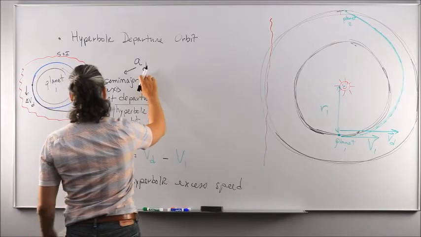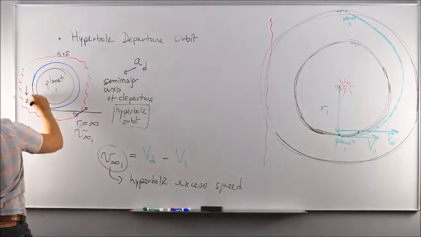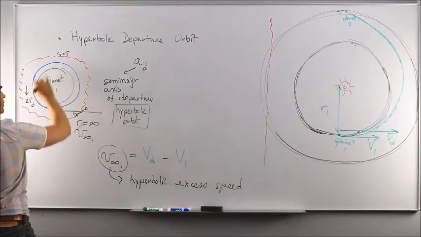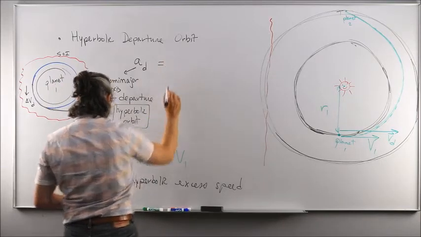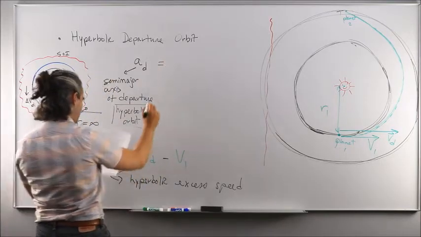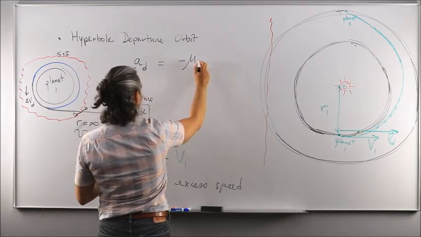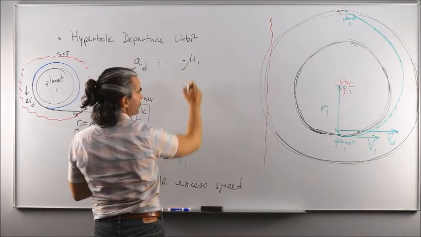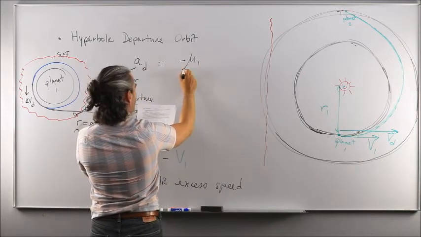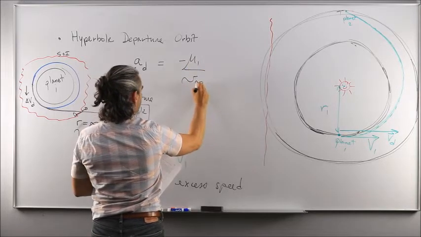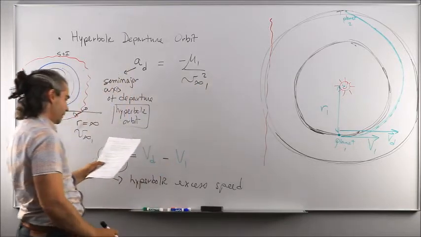So a_D, which is, again, the size, if you will, of this hyperbolic departure orbit that allows us to escape the sphere of influence of planet 1, is actually directly related to the hyperbolic excess speed by a_D = minus mu of planet 1, call it mu1, over the excess hyperbolic speed squared with respect to planet 1.